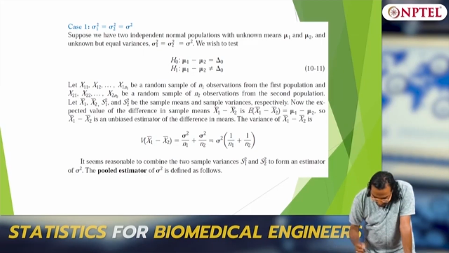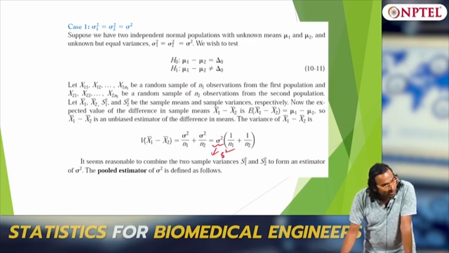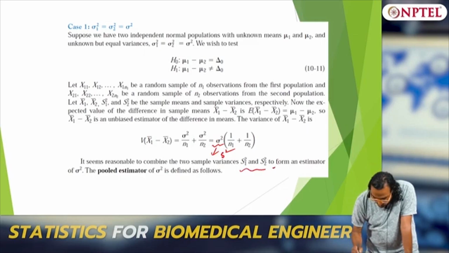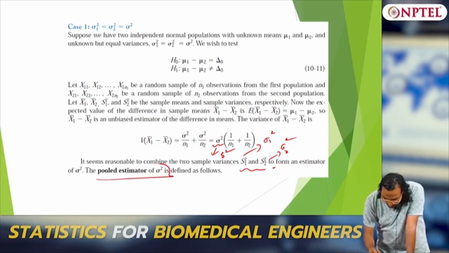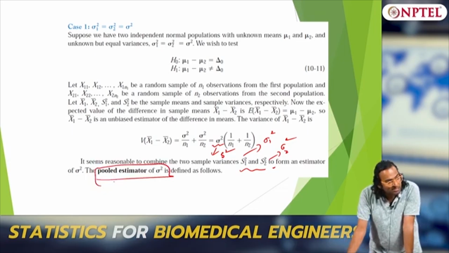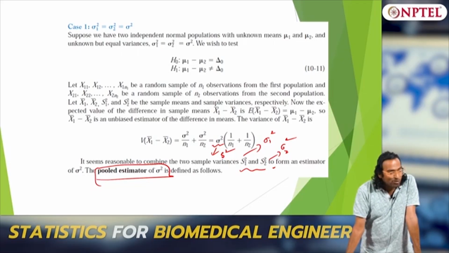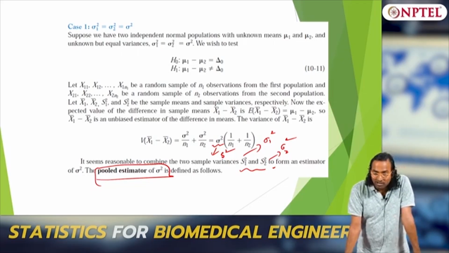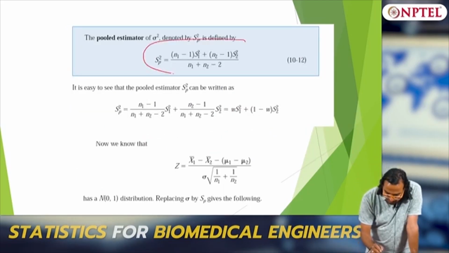Now the sigma squared has to be replaced with S squared. So I have S1 squared, an estimate of sigma 1 squared, and S2 squared, an estimate of sigma 2 squared, and I am combining them to form what is known as a pooled estimator. This is the case where the underlying variances of the two populations are equal, or you have assumed them to be equal, then you create what is known as a pooled estimator.